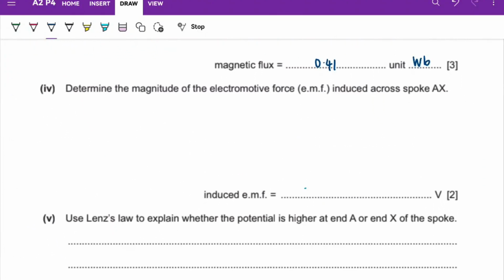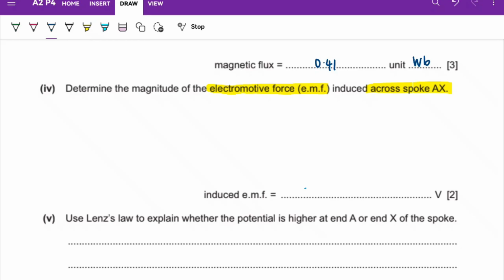4. Determine the magnitude of the electromotive force induced across spoke AX. We know that based on Faraday's law, the magnitude of induced EMF is proportional to the rate of change of flux cutting.